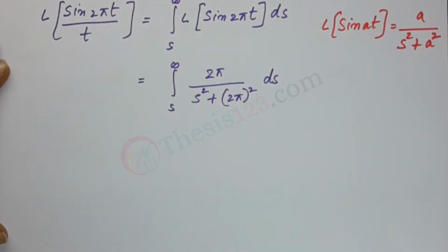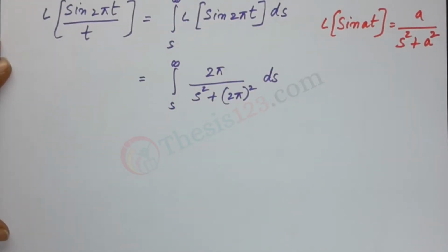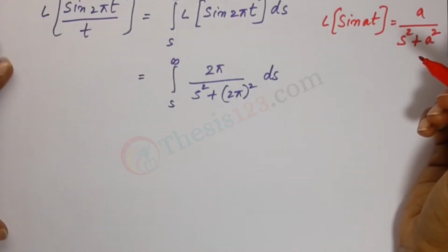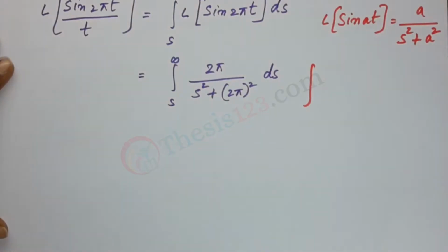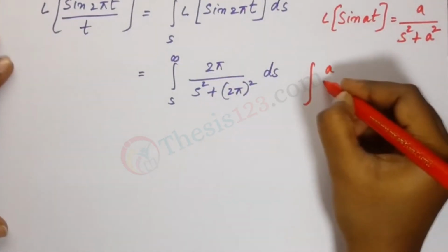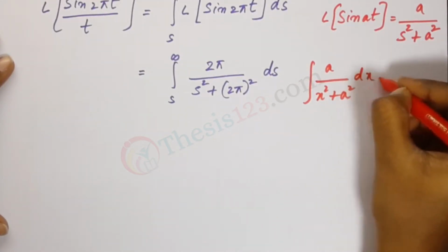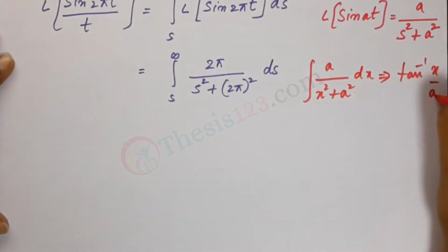Let's see now what we have. We will have to use another formula, so let me write that down over here. This is an integration formula. We have done this in intermediate, so I want you to just remember that. The integral of a by x square plus a square dx is tan inverse of x by a.